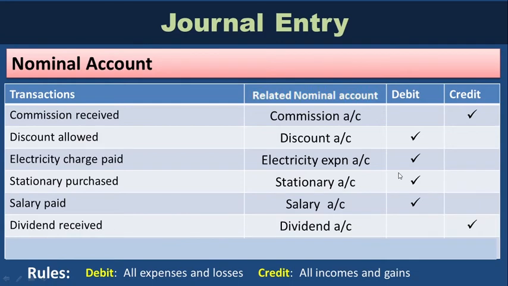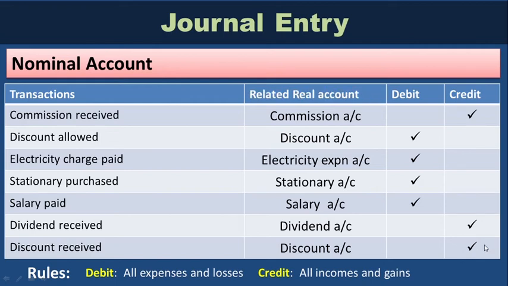Dividend received. Here, related nominal account is dividend and dividend is a type of income for us. As it is the income, it is credited. The last one, discount received. Here, the related nominal account is discount. We have received discount. Receiving discount is a type of gain, so it is credited.